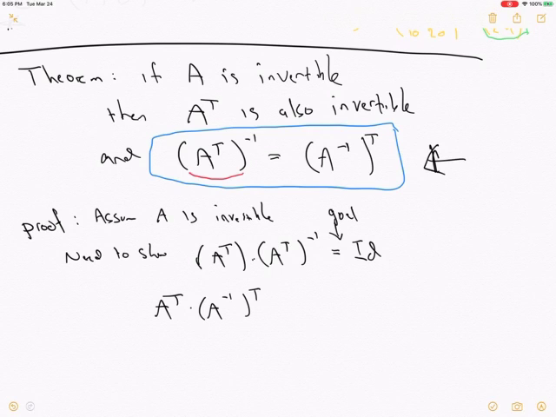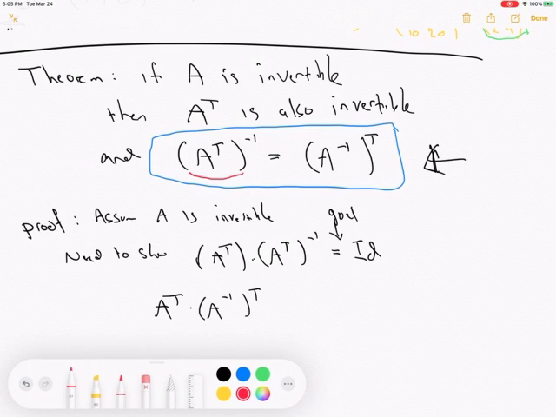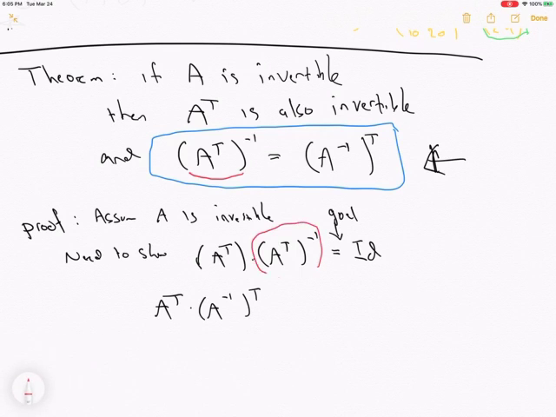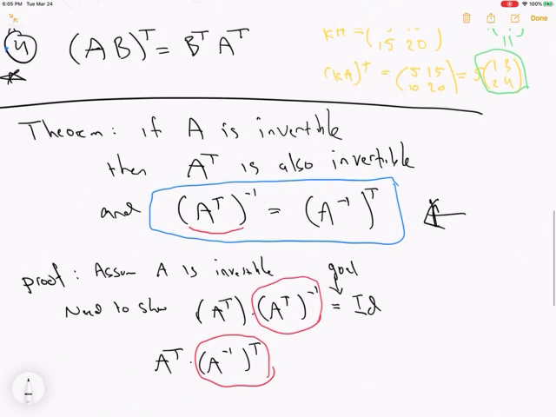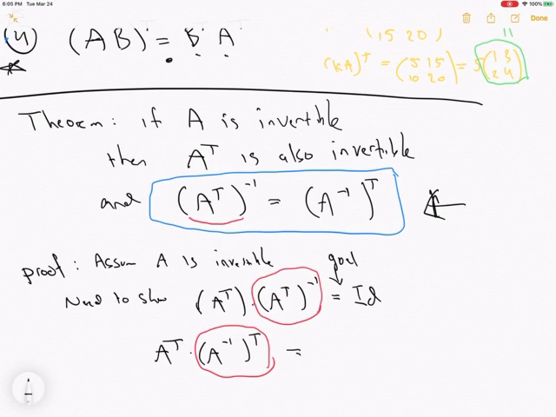Okay. So let me make this a little bit clearer. So the theorem says that this is the same thing as that. So in other words, we need to show that this product here gives us the identity, but then if we use this property 4 over here, it says that if you have the transpose of something times the transpose of something, it's the transpose of the total thing in reverse order.